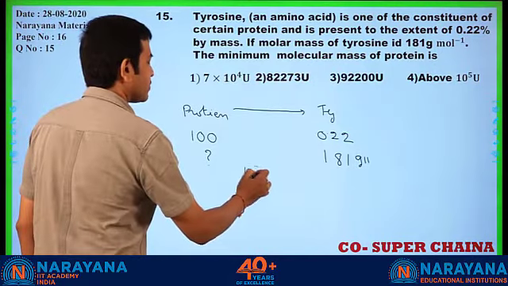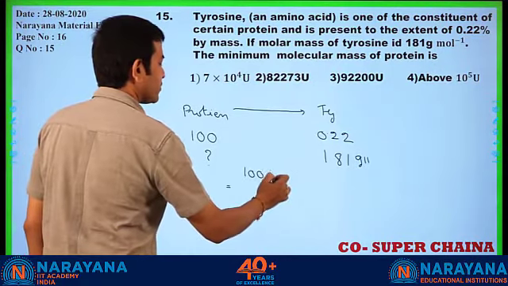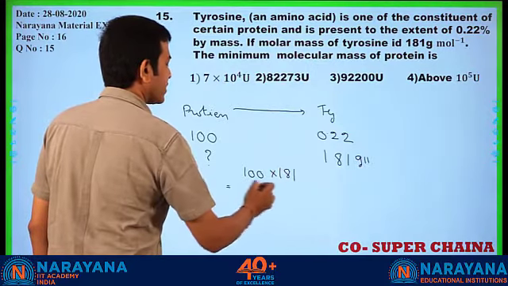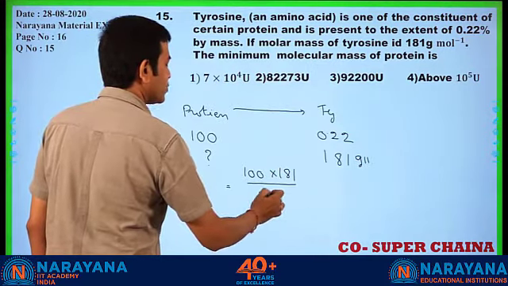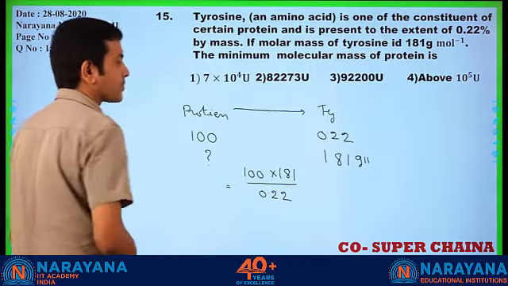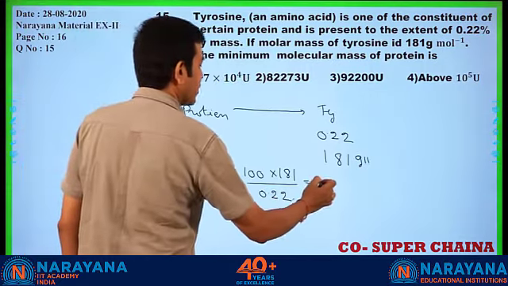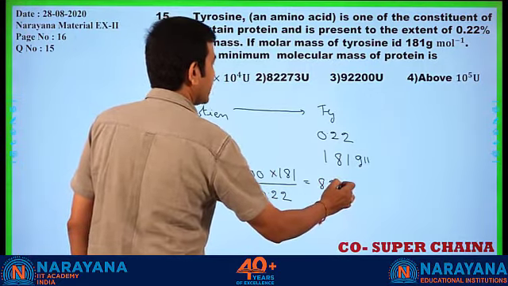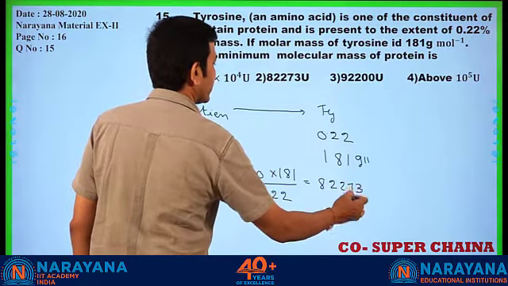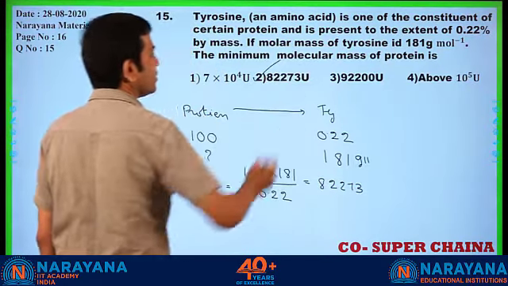So that is equal to 100 into 181 divided by 0.22. After calculation, you will get 82,273 units. That's why option 2 is correct.